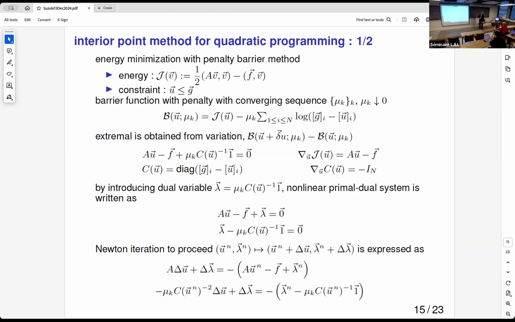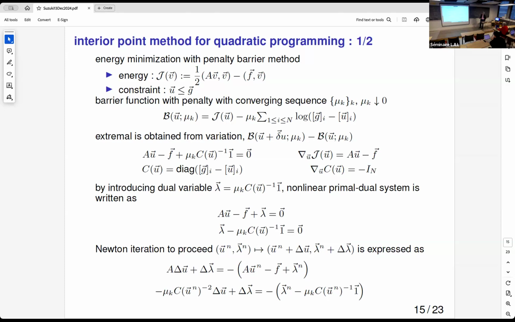Taking the first derivative, I get A minus F plus mu C, this diagonal matrix, times 1, equals F. Of course this is important here: if we take the derivative of this constraint C, it is taken with minus identity.